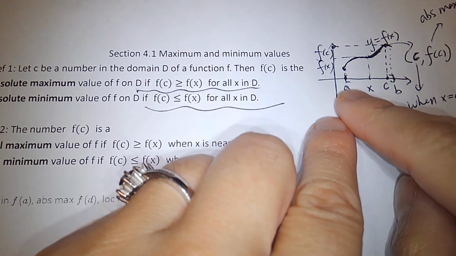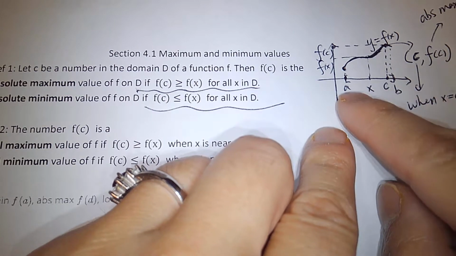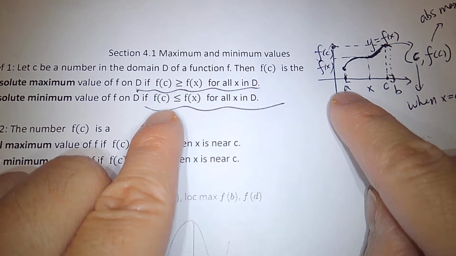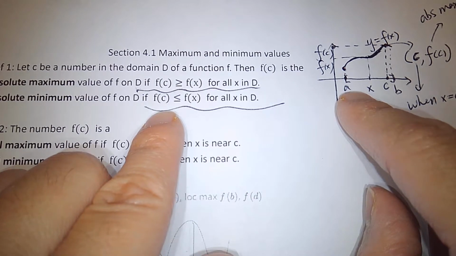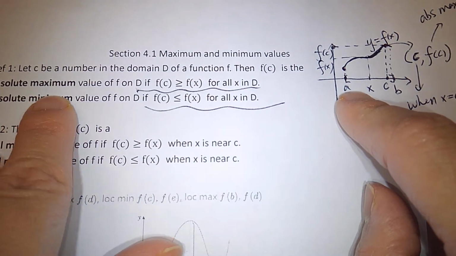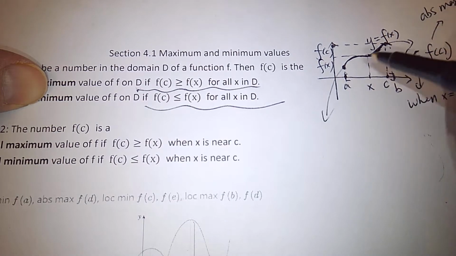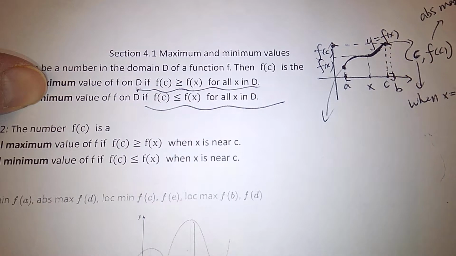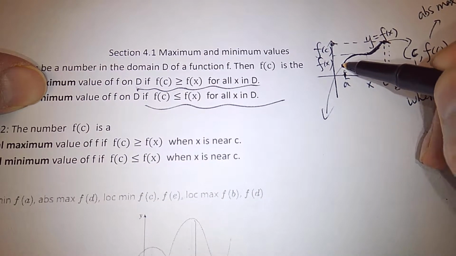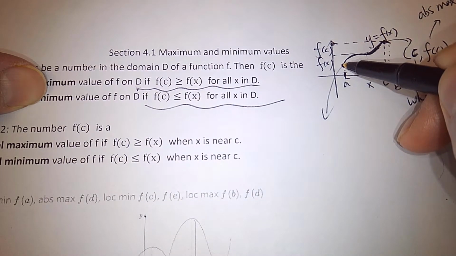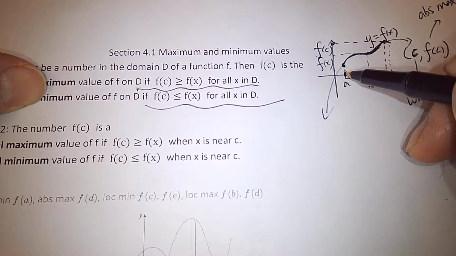Here, when x equals a, we say f of a is the absolute minimum value. Why? Because this point is the lowest point on the entire graph. And this lowest point occurs at the endpoint when x equals a.